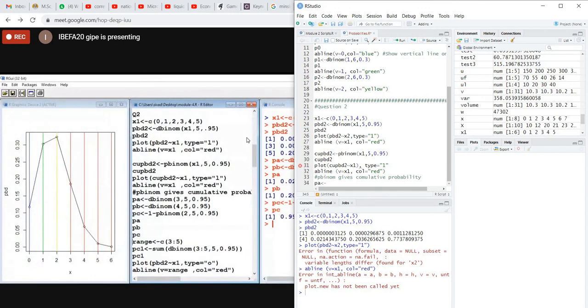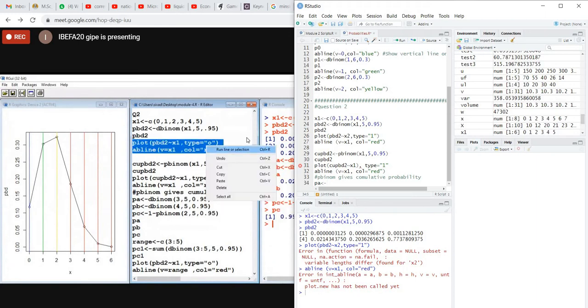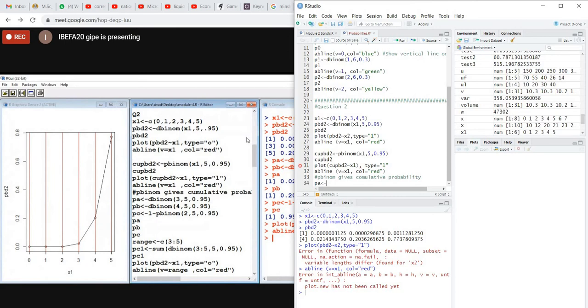Now everybody knows: plot the probability distribution and the vertical line on the graph. The smaller the x value, the smaller the probability. The higher the x value, the higher the probability. So the graph will have a peak to the right.